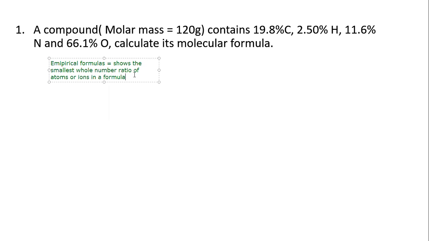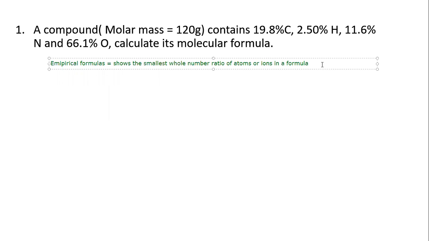So whenever you look at the formula, if the common multiple is 1, it's the empirical formula. That's how you can know if something is an empirical formula. And typically, ionic compounds are written as empirical formulas.